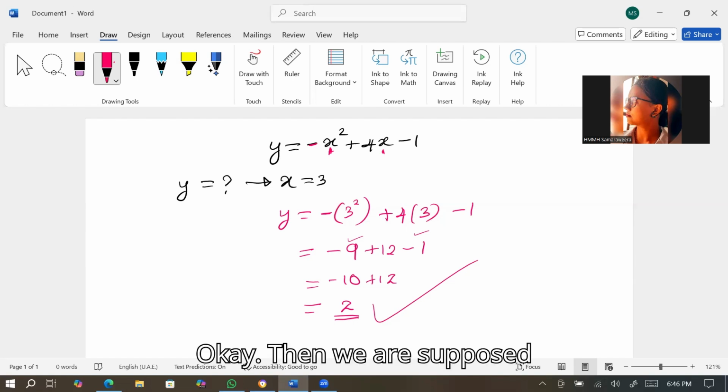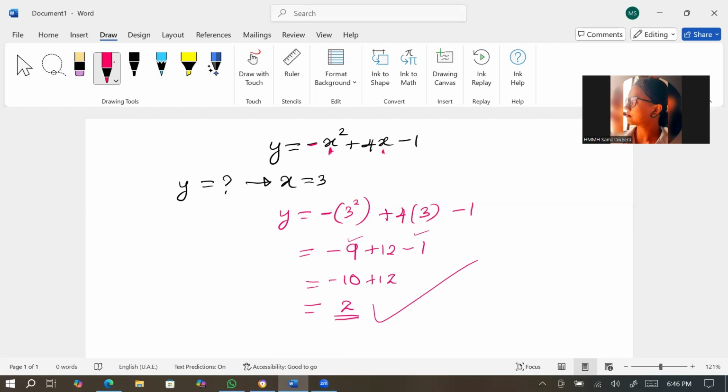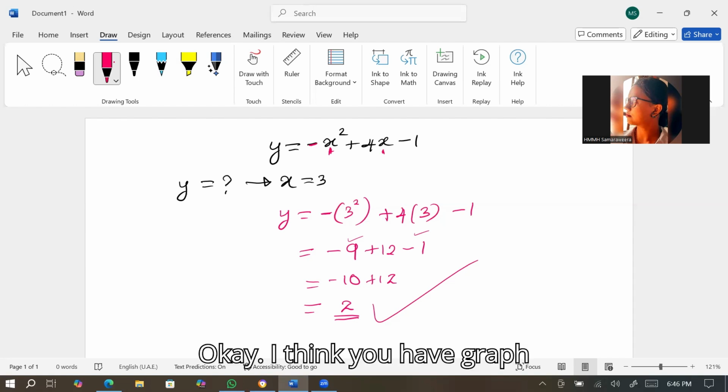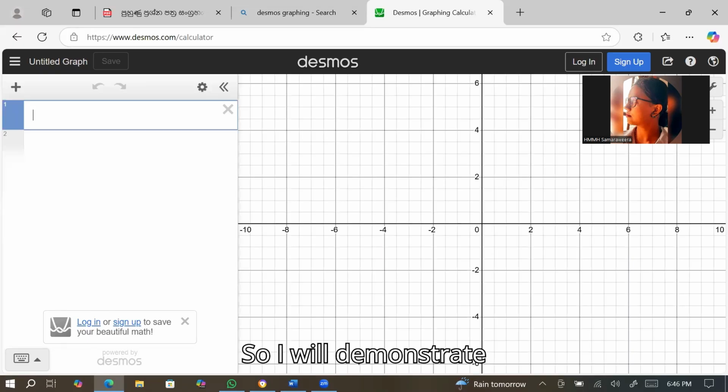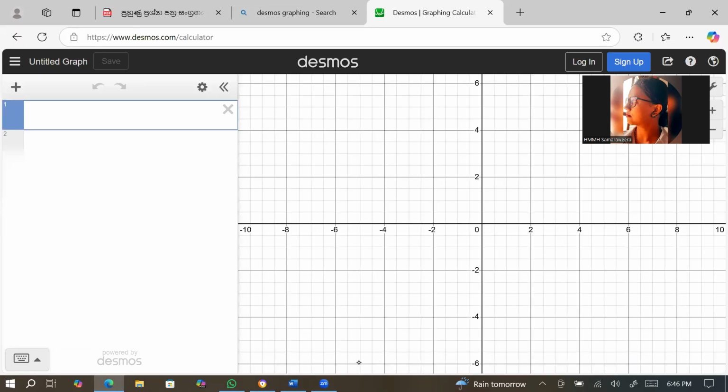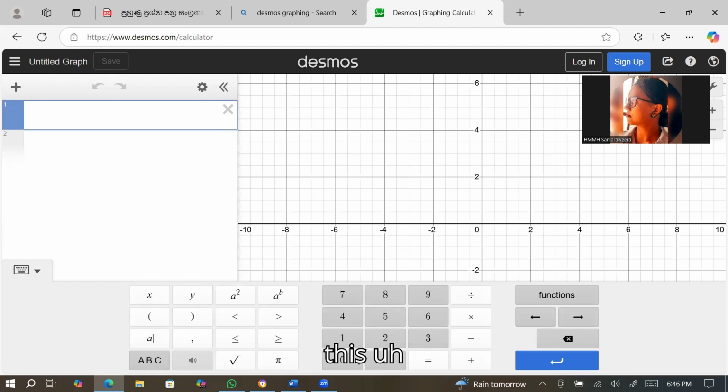Okay. Then we are supposed to draw the graph. I think you have graph papers. So how to draw the graph? I will demonstrate this.